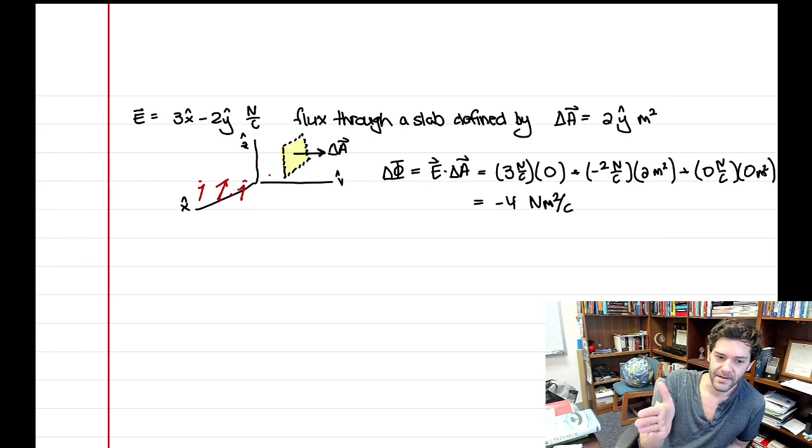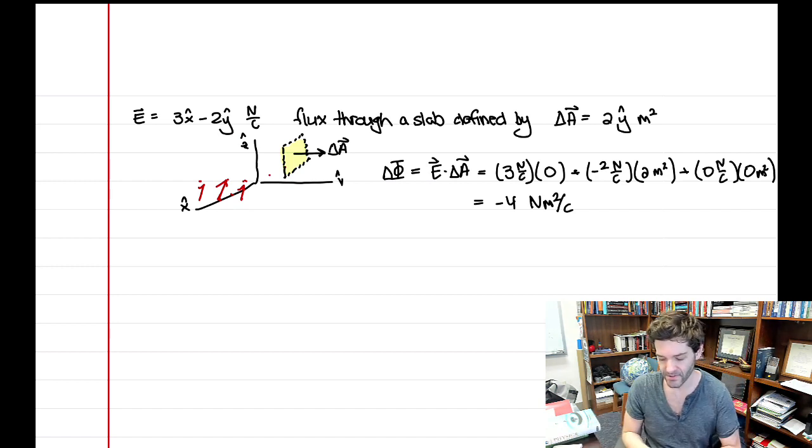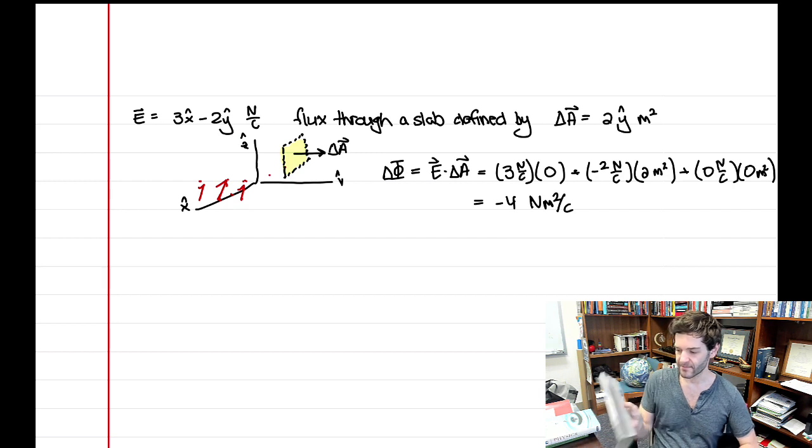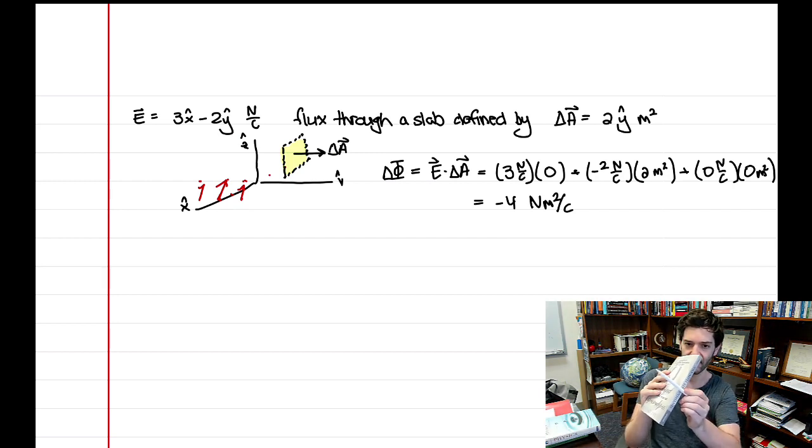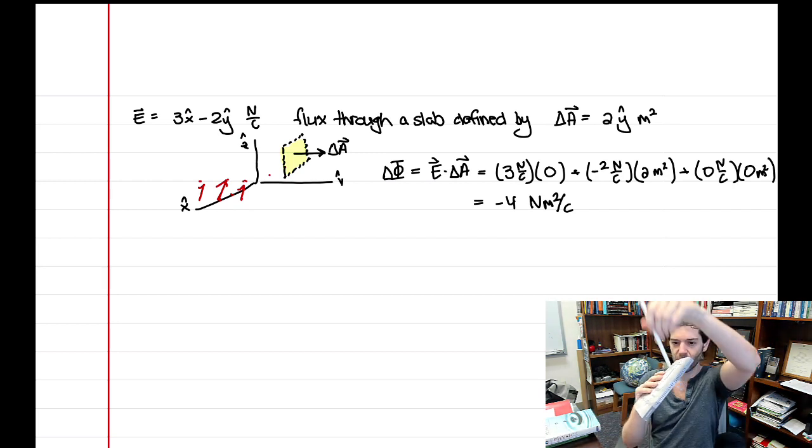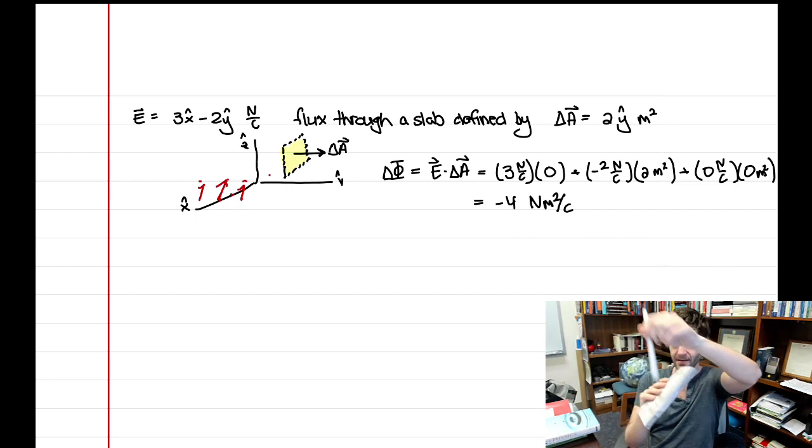Notice the electric field is pointing in the negative y direction, where the area is pointing in the positive y direction. So if this book is oriented this way, the flux is more pointing something like this.